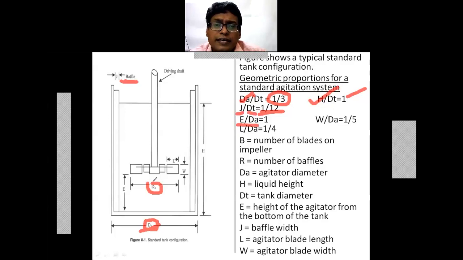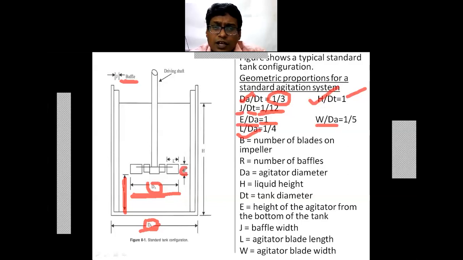Then E upon Da. E is the height of the agitator from the bottom of the tank, and Da is the diameter of the impeller. They are equal, so E upon Da is almost equal to 1. Then W by Da is 1/5.